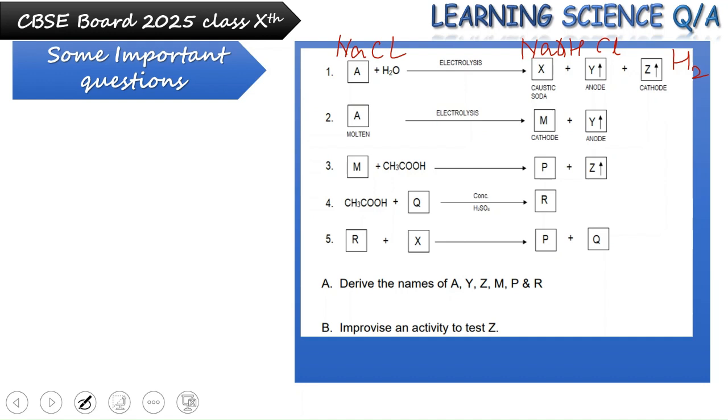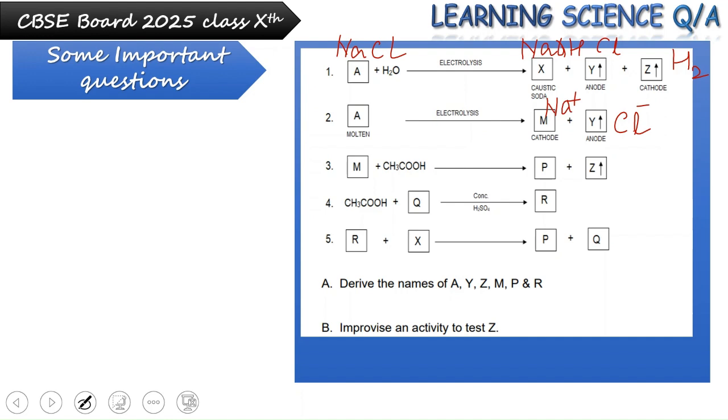Now the molten NaCl, when undergoing electrolysis, gives M at the cathode and Y at the anode. So Y is again the chlorine gas which is liberated at the anode, and this is broken down, or you can say decomposed, as this.